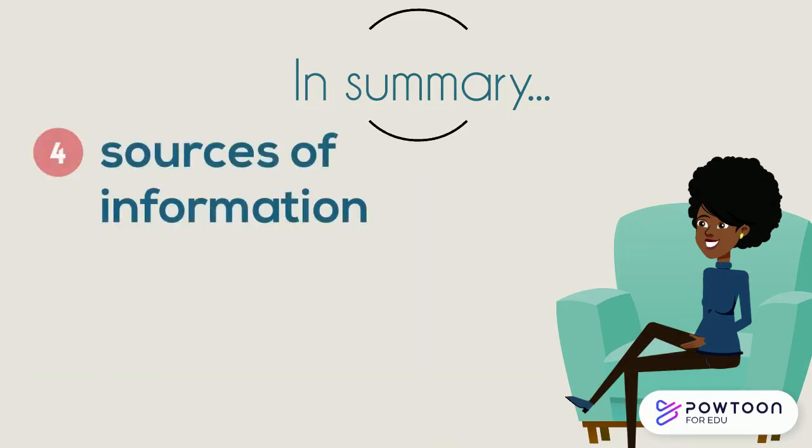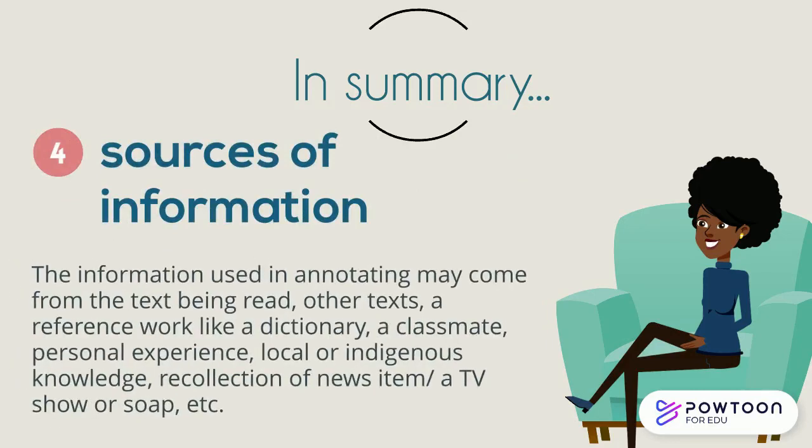Where does the information we use in annotating come from? It could come from the text we are reading. It could come from other texts, including dictionaries or the internet. It could come from our personal experience, something we have experienced in our lives.